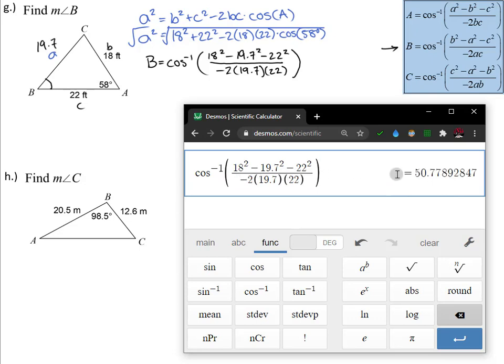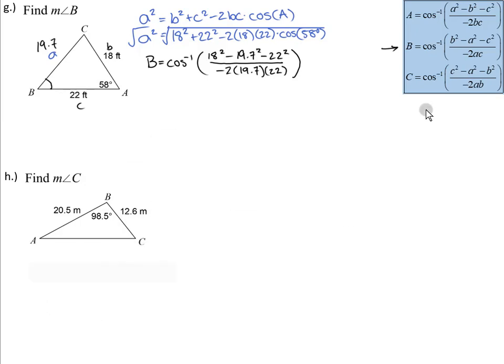And it tells us our angle, going to one decimal place, is about a 50.8 degree angle. So angle B is about 50.8 degrees.